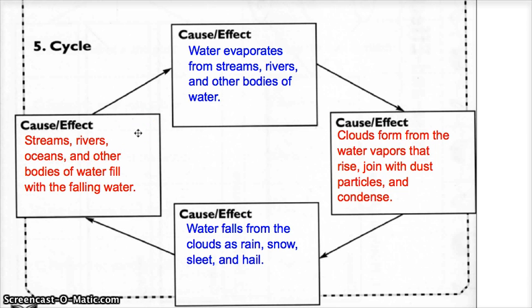These bodies of water then cause evaporation, and the cycle will begin again. You can see how this is a cycle. One cause leads to an effect, and then it cycles back around to the beginning.